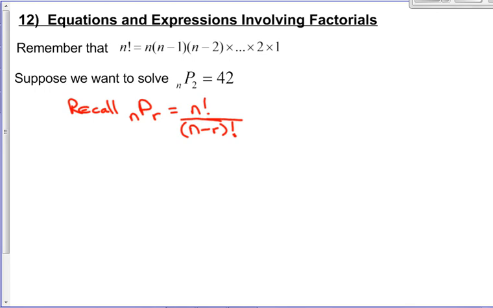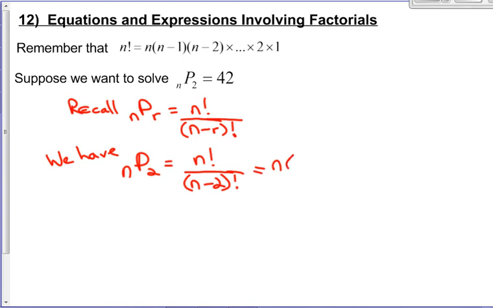Now here we've got nP2. That would be n factorial over n minus 2 factorial. And that can simplify. N factorial means n times n minus 1 times n minus 2 the rest of the way down. But hold on, the bottom is already just n minus 2 the rest of the way down.